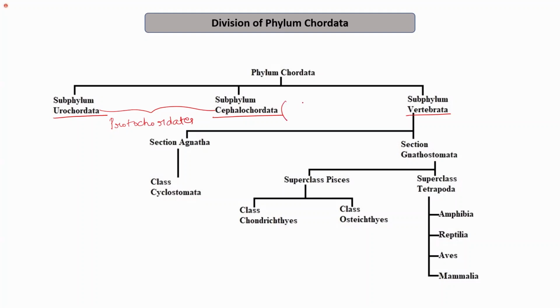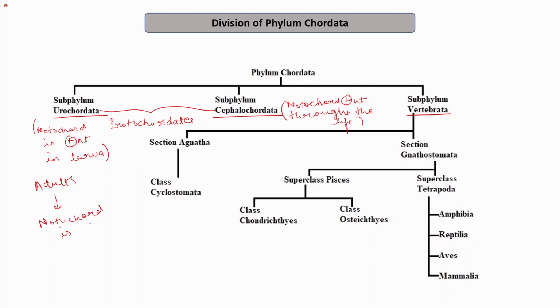Cephalochordata has the notochord present throughout life, and in urochordates, the notochord is present only in the larval stage. In adults, the notochord is absent. This we have already learned.